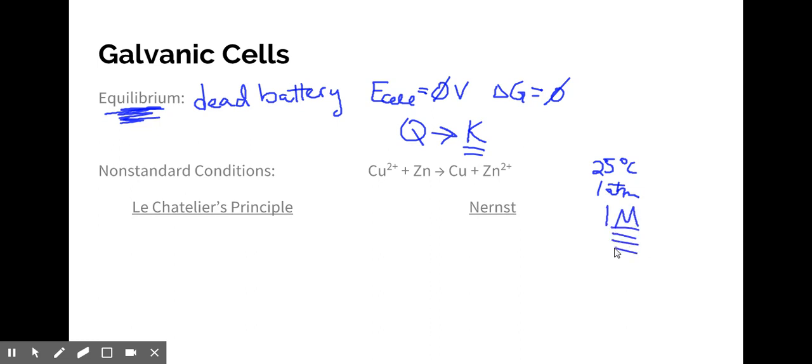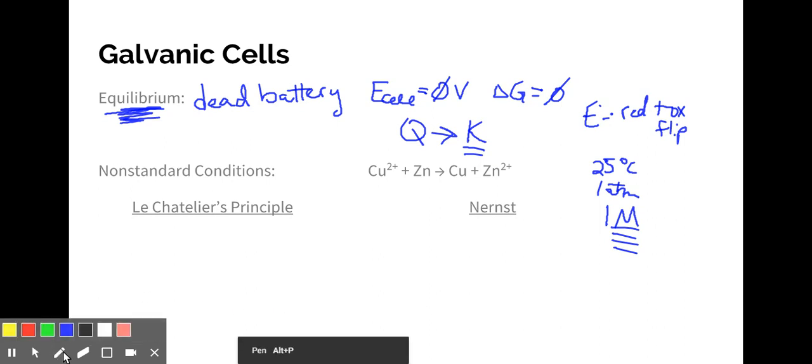This is what we really pay attention to for standard conditions. If I did not have my concentrations at 1 molar, then I could not figure out my E cell by the E naught equals reduced plus oxidized flipped equation. What I have to use is the Nernst equation instead.